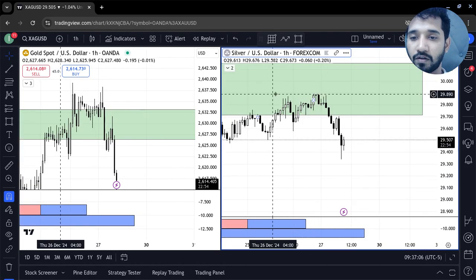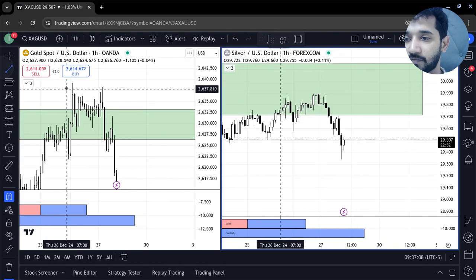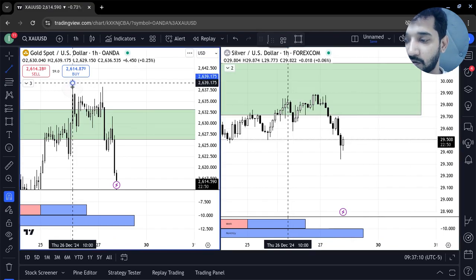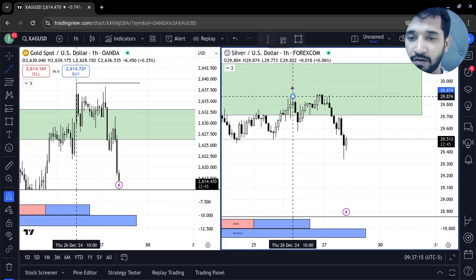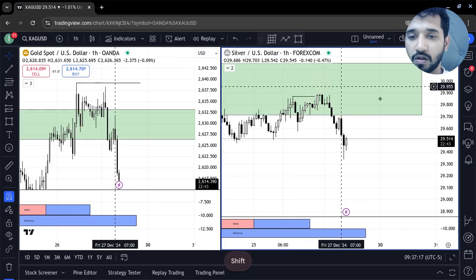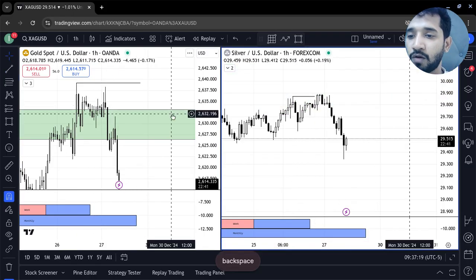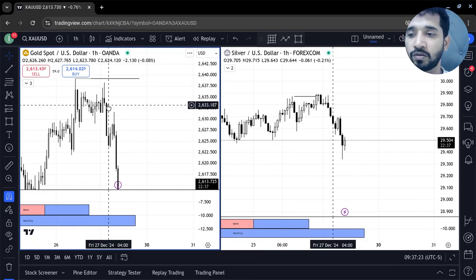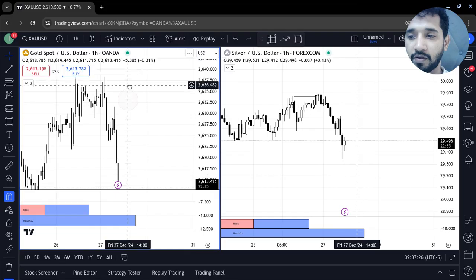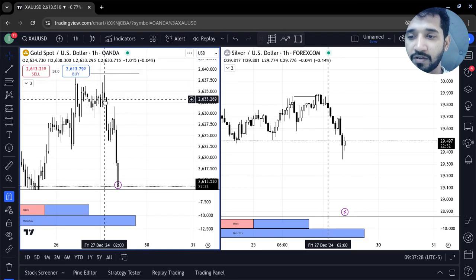We have yesterday's high right here, and we have yesterday's high right here. Silver took out the previous day's high while gold failed to do so. And then what happened?